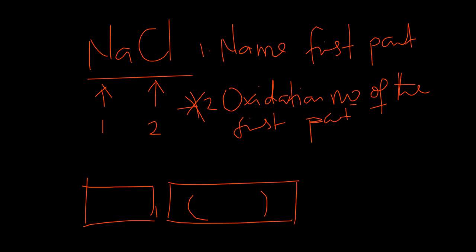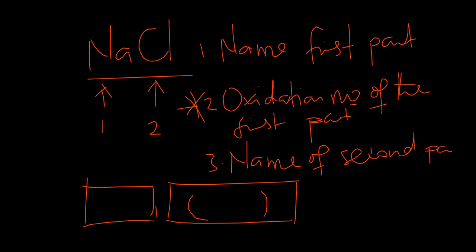Then the final step is to write the name of the second part of the compound. So the first box will contain the name of the first part of the compound.